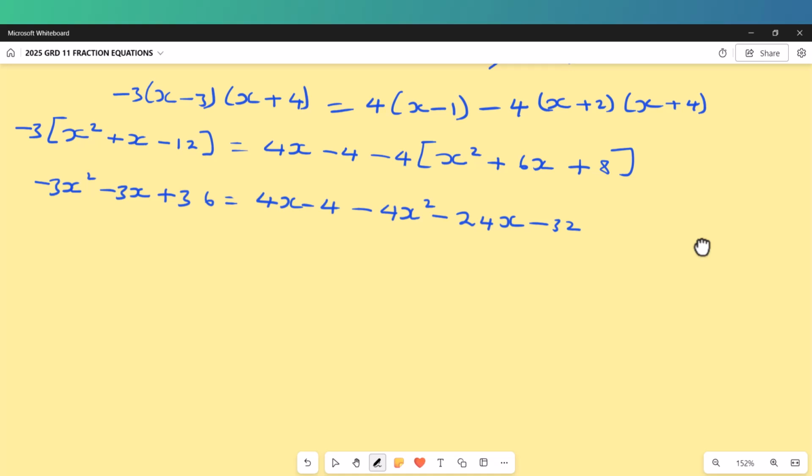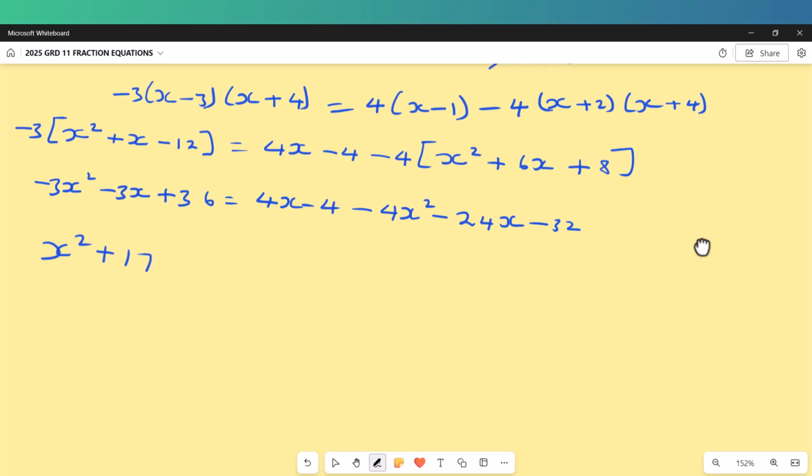Like terms. Now negative 4x squared becomes positive after crossing. Now 4x squared minus 3 gives us 1x squared. So we have x squared here. Then negative 3x. Now the 4x minus 24x gives us negative 20x. Negative 20x becomes positive. Are we together? So now 20x minus 3x becomes positive 17x.